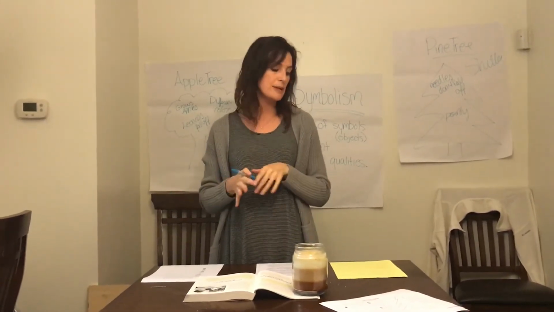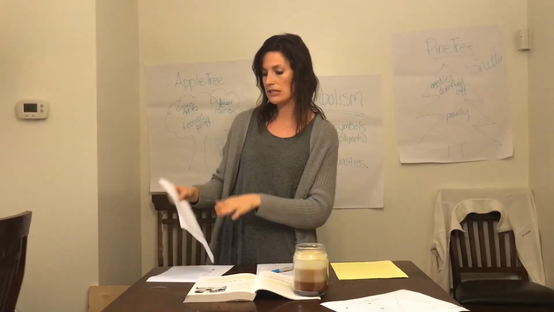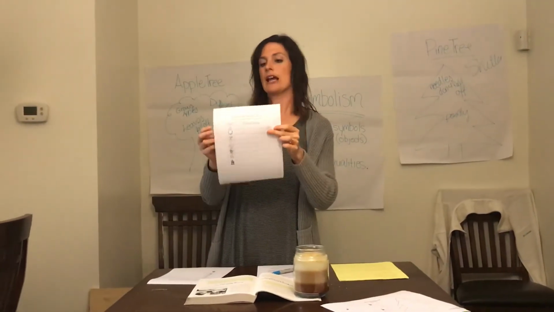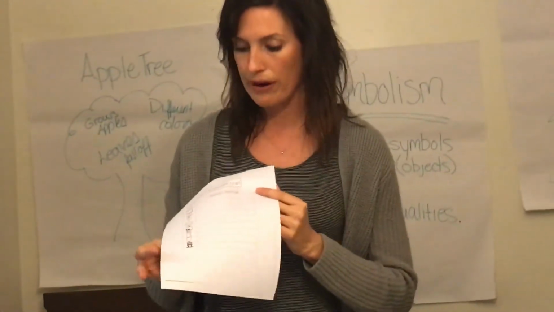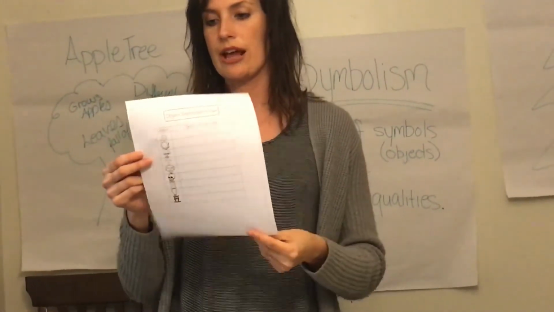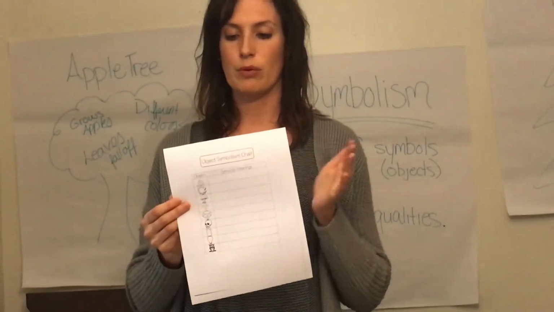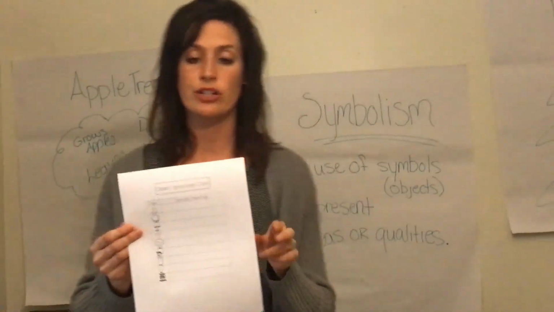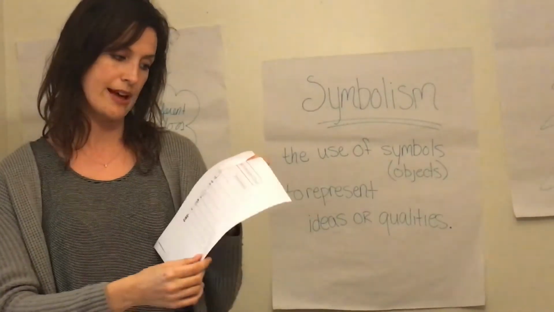So to dig a little bit deeper into the use of symbols, I have this object symbolism chart, and this was given to me by one of the teachers at Pikeview High School. She helps students who may have trouble reading to develop ways that help them understand content more, and this was a graphic organizer she gave me for that.